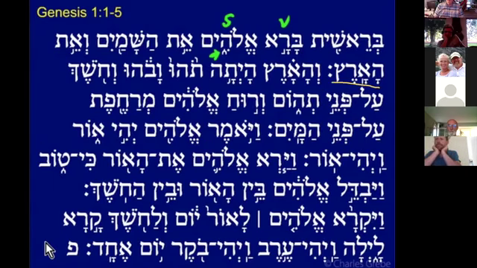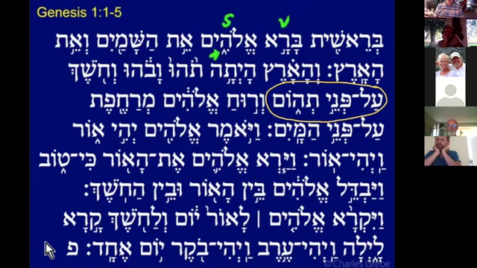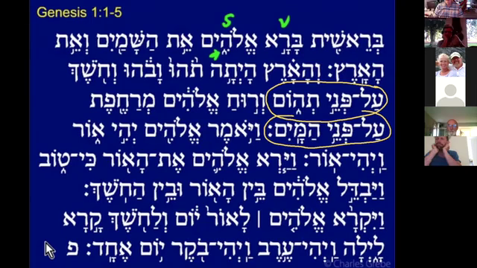So this is one word, Alpene tehom, and this is Alpene hamayim. So it seems like the deep has a face and the water has a face. And we all might remember the verse in Psalms where it says, deep calls unto deep. Well, this is the word for deep.